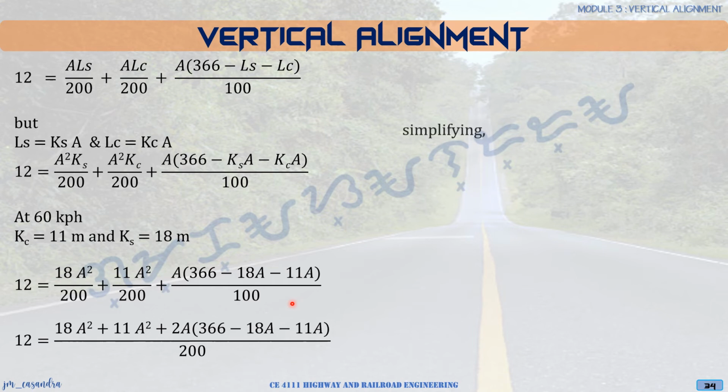Simplifying this, we arrive at 2,400 equal to 29 A squared minus 732 A.